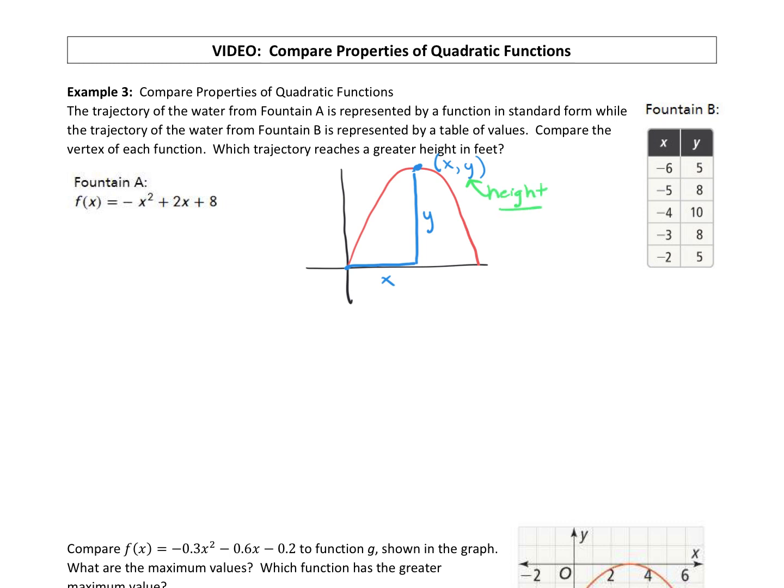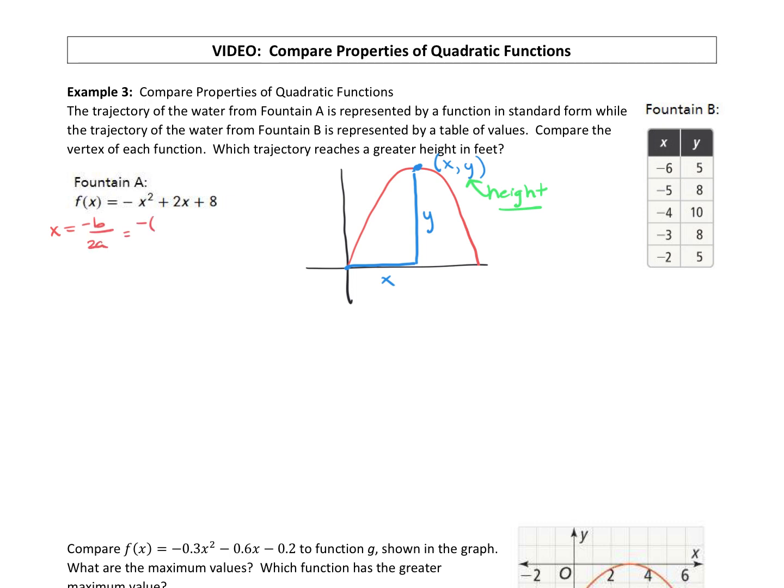Okay, so let's focus on fountain A first. To find the vertex, we want to recognize that we are in standard form. The formula for the x coordinate of the vertex uses negative b over 2a.